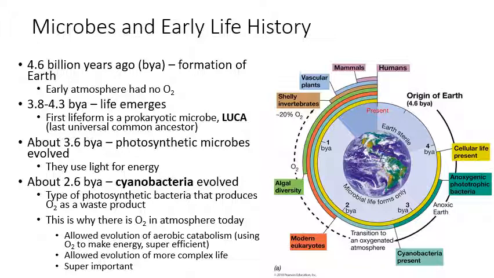But there's lots of different ways to get energy. If you're using oxygen to do it, it's very efficient and you can make a lot of energy compared to other processes that you could use instead. So in order for something really big like you and me to evolve, we need a lot of energy. We need to be able to use oxygen to make that energy.